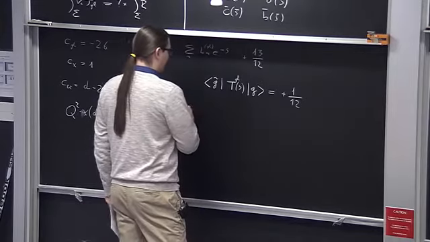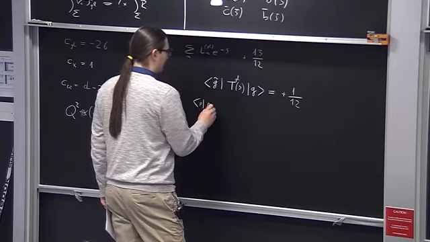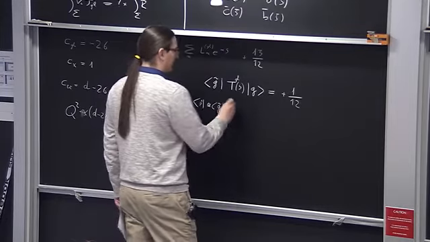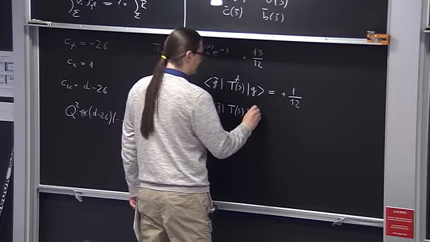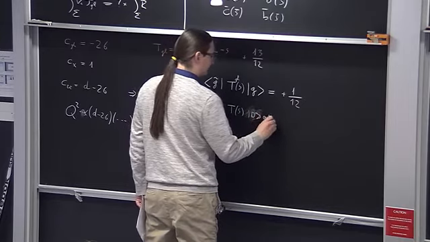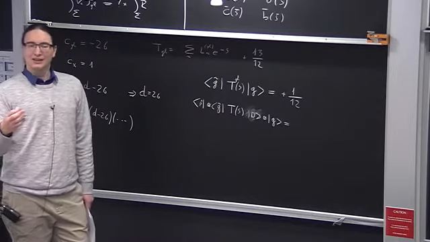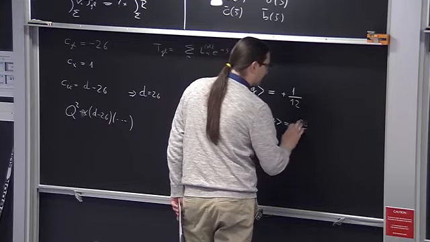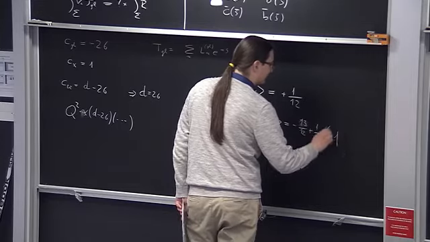So, which means that now if you take your ground state for the matter fields, and you look at the total stress tensor, if you look at the total Casimir energy from the X's and from the ghosts, I get minus 26 over 12, minus 13 over 12, plus 1 over 12, which is minus 1.